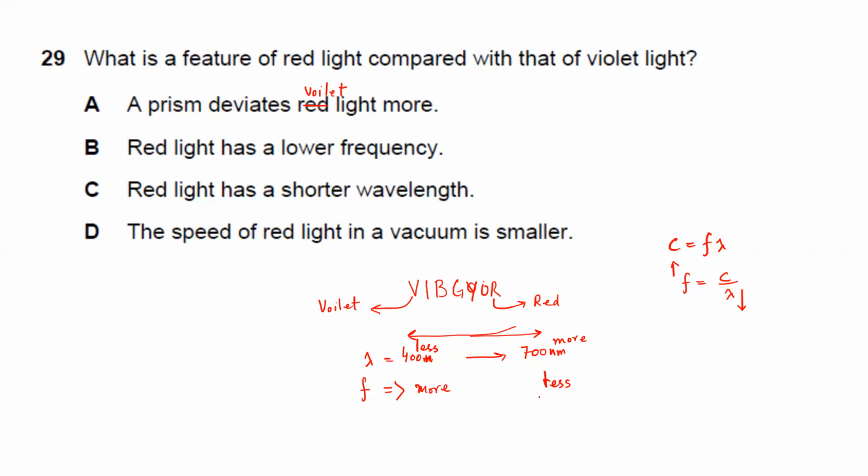Red light has a lower frequency, yes, we have seen this compared to violet light. Red light has a shorter wavelength, no, it has a longer wavelength compared to violet light. The speed of red light in vacuum is smaller? The speed of light technically remains the same, that is the constant c we have. So no. Answer B is the right choice over here.